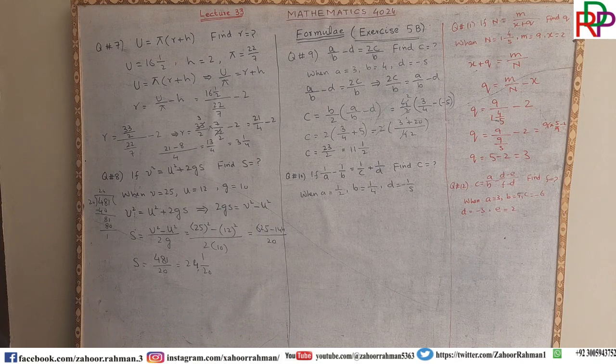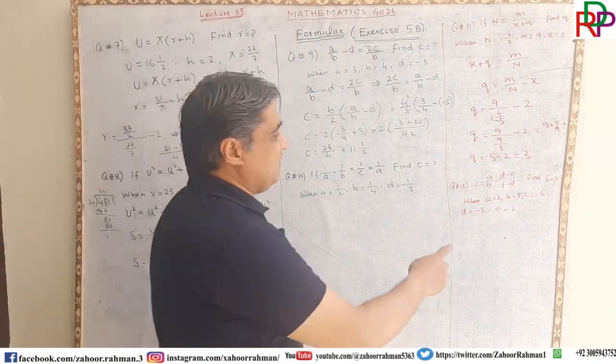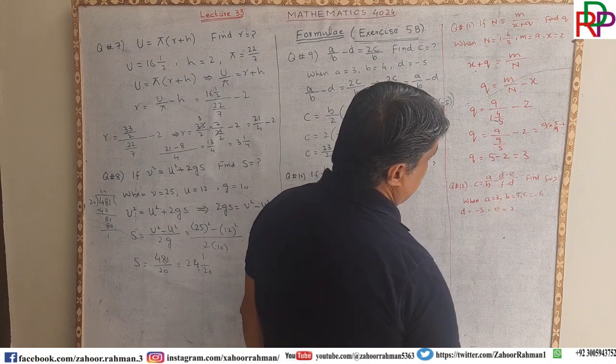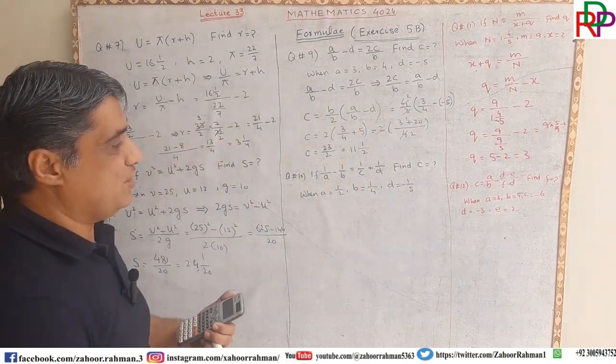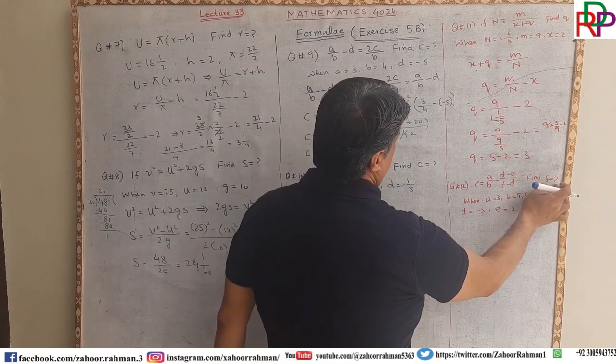Now we are turning our focus to question number 12, which is given as c, 1 over a over b minus d over. We have to make f the subject.